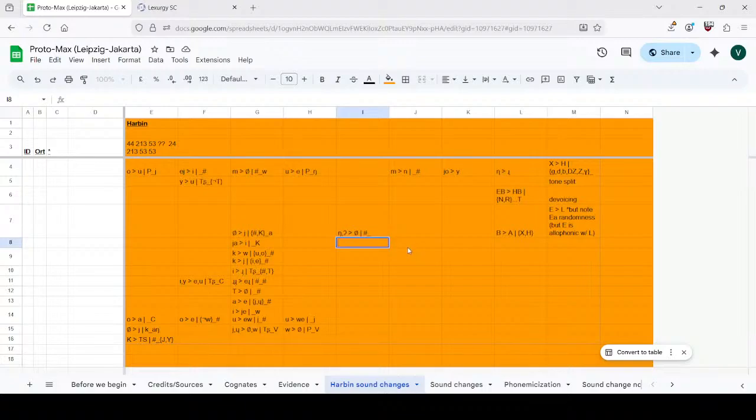And then afterwards the wa inserts itself. Wait, what after an to, where's the to? Where is the to? To or to after, there it is.